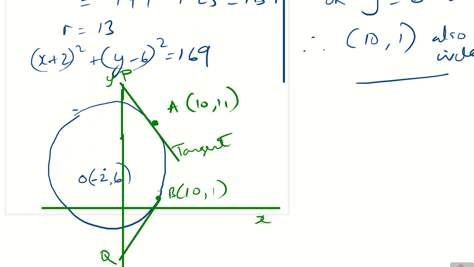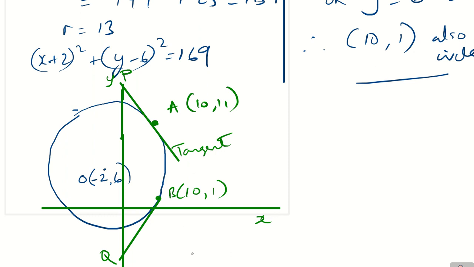Okay, right, and we need to find the distance PQ. To do this, we need to effectively try and find the equations for these two tangents.